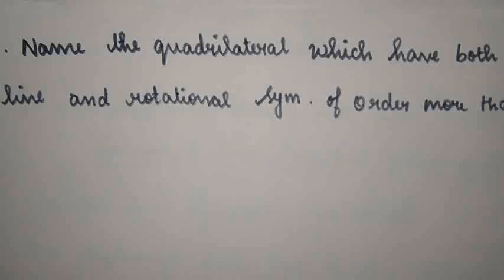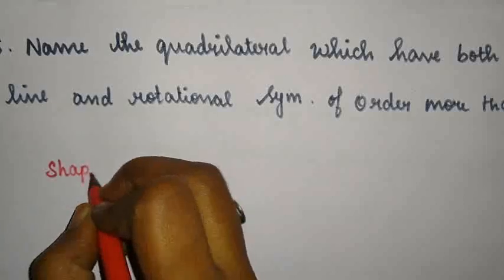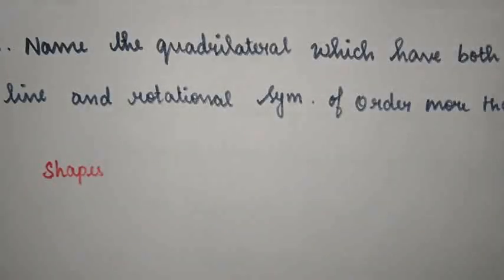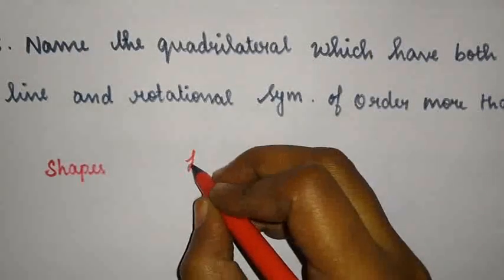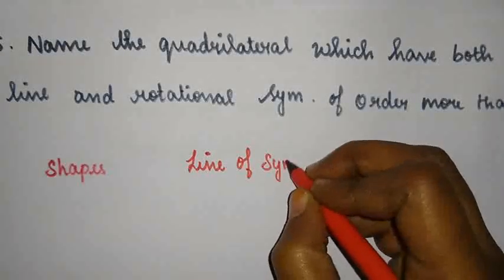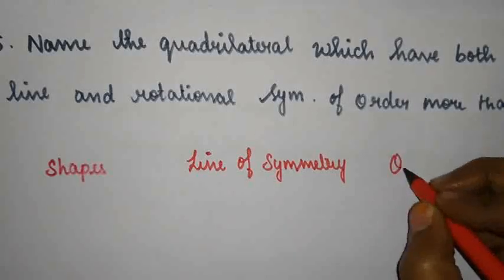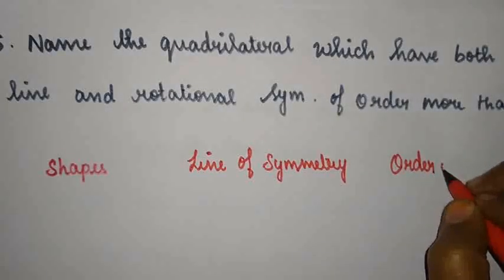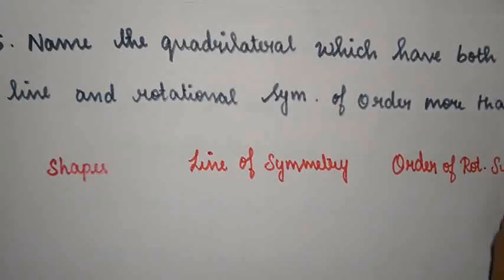First we have to write the shapes, line of symmetry, and order of rotational symmetry. Write in full form.